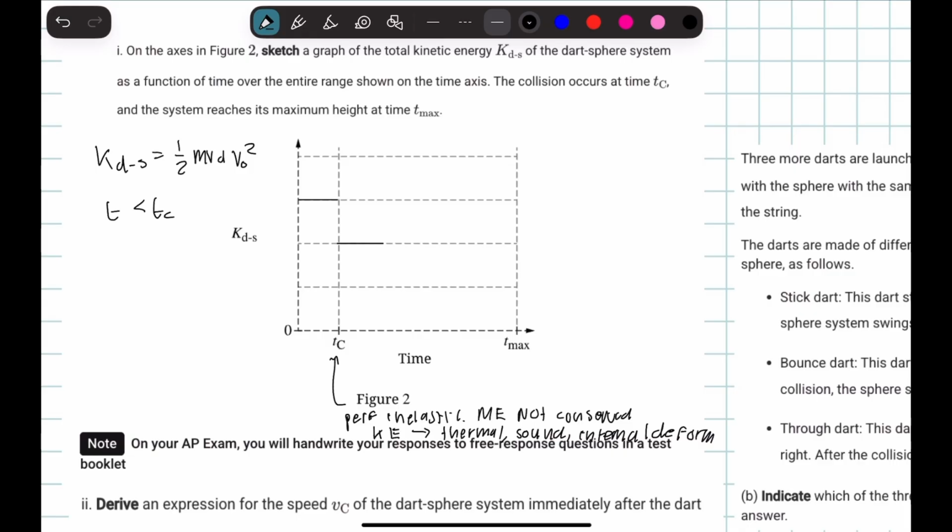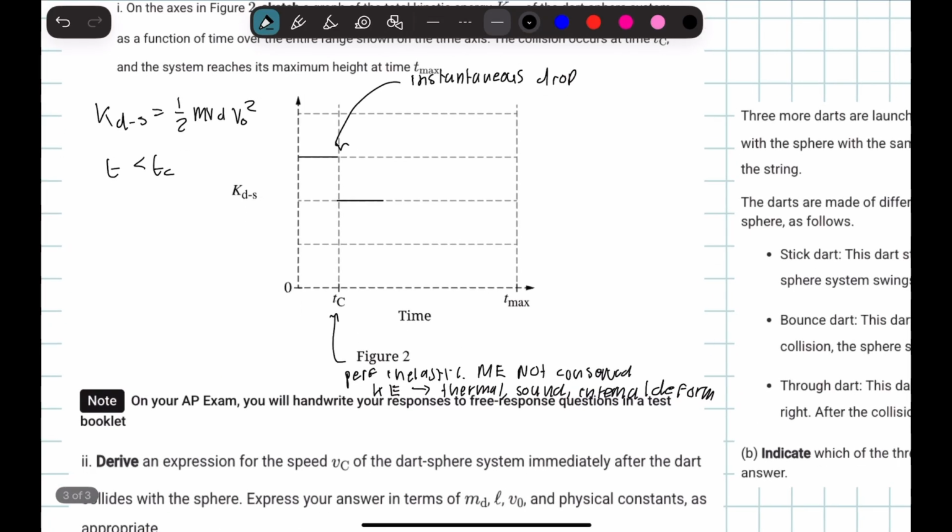And then after this, t is between t_c and t_max.